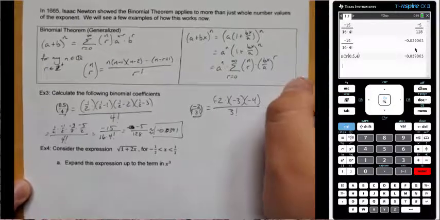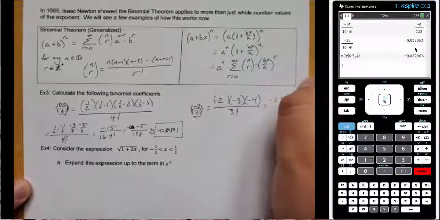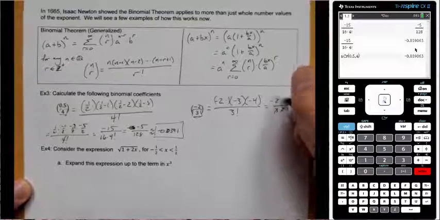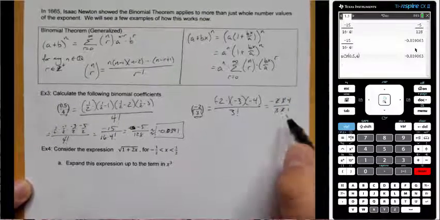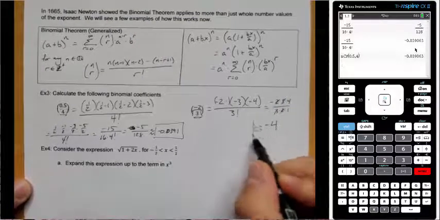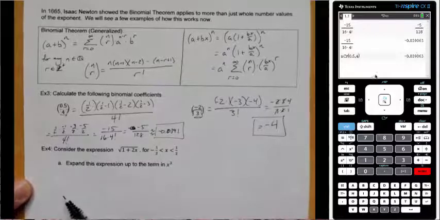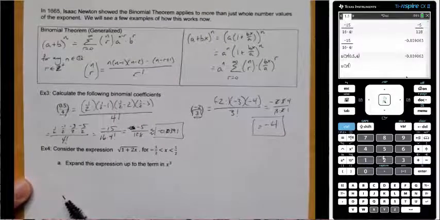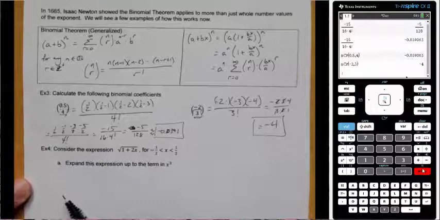So this is negative 2 times 3 times 4 over 3 times 2 times 1. And this one actually works out pretty nicely. This is just negative 4. And I'll double check using my calculator just to make sure I didn't make any mistakes. I want negative 2 choose 3. Voila. Good deal.